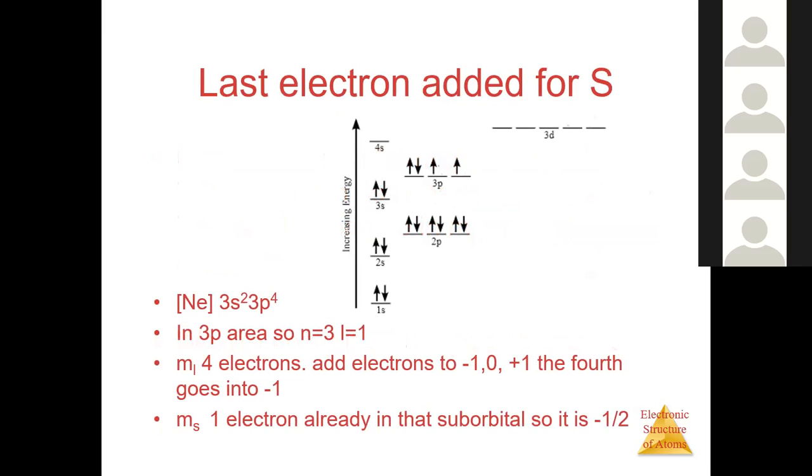Okay. Last electron added for sulfur. I want the 4 quantum numbers for the last electron added for sulfur. The best way to do this, draw the orbital diagram. If I draw the orbital diagram, I'm left with 4 electrons in the 3p.